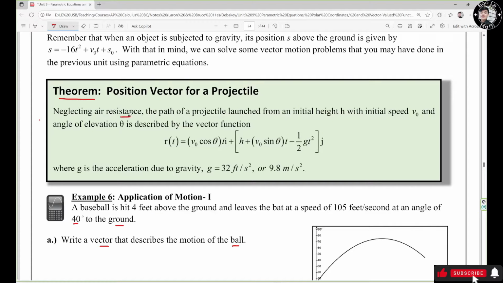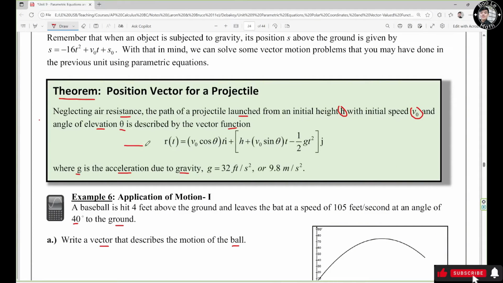Neglecting air resistance, the path of the projectile launched from an initial height h with the initial speed v0 and an angle of elevation theta is described by the vector function r of t equals v0 cosine theta t i plus h plus v0 sine theta t minus 1 over 2 g t squared j, where g is the acceleration due to gravity. g equals 32 feet per second squared or 9.8 meters per second squared.